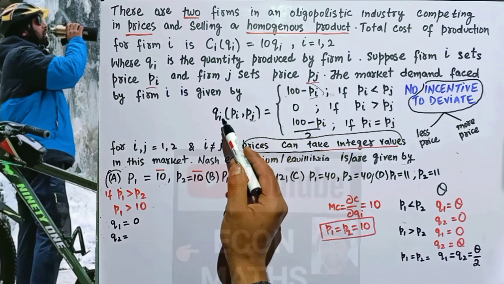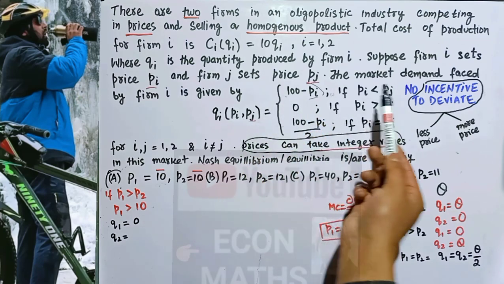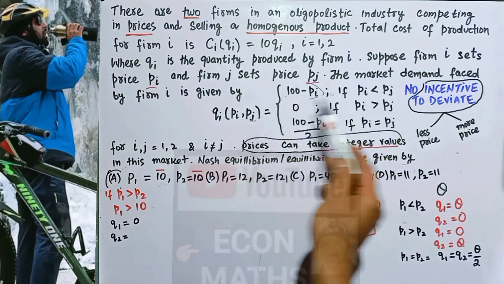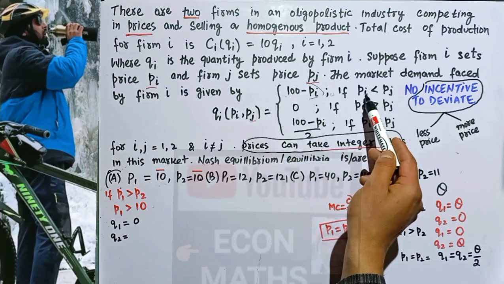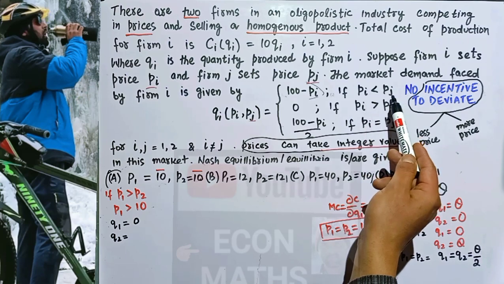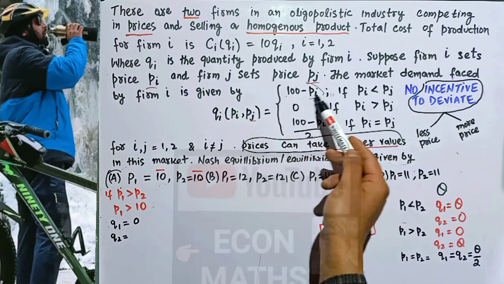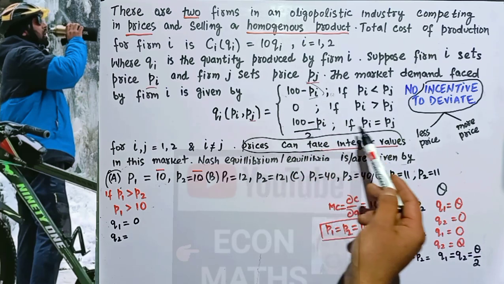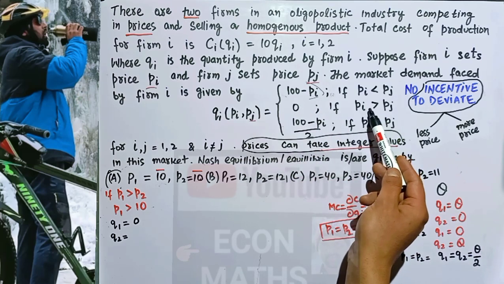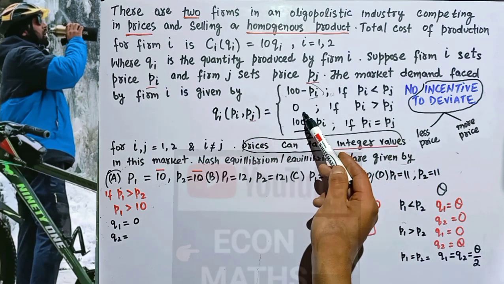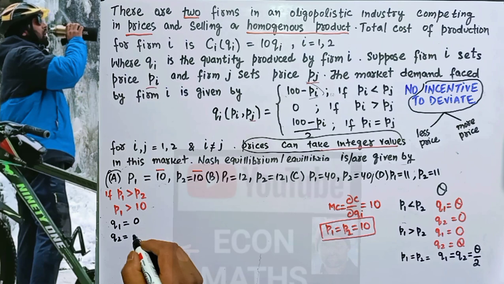So quantity, as it is shown here, if the price set by firm 1 is less than the price set by firm 2, in this case firm 1 will get all the market. But if firm 1 sets a price greater than firm 2, firm 1 gets zero market and firm 2 will get all the market.